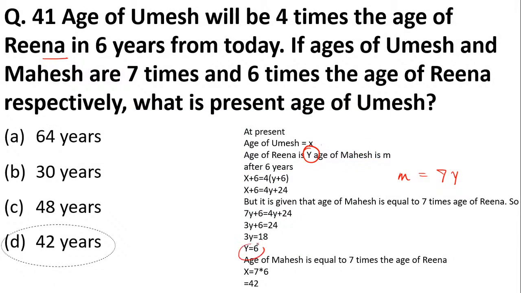Like this we will find the age of Rima, and 7 into 6 is 42. D is the right answer.